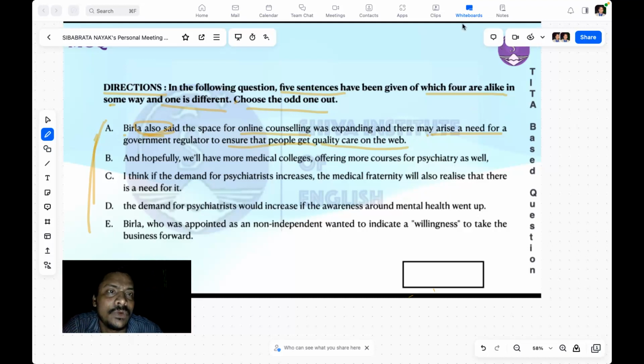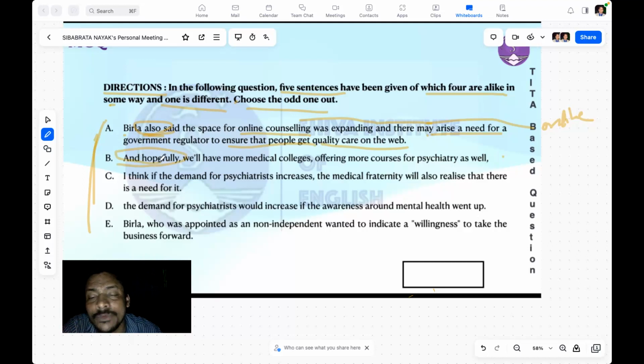This is clearly indicating online counseling was expanding and there may arise a need for a government regulator to ensure that people get quality care on the web. So this particular statement is about online counseling, isn't it?